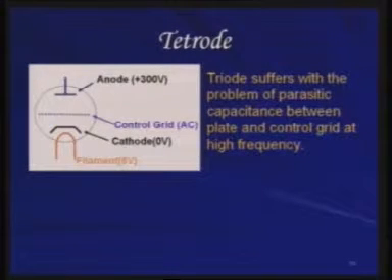But when we see the diode voltages, if you remember, this control grid we had kept at a small negative voltage, and then we are applying an AC voltage to it, that is a signal. Then the cathode is at 0 volt and the anode is almost at 300 volt or more. So now if you see, since this is in the negative region and this is positive and there is a vacuum in between, this looks something like a capacitor.